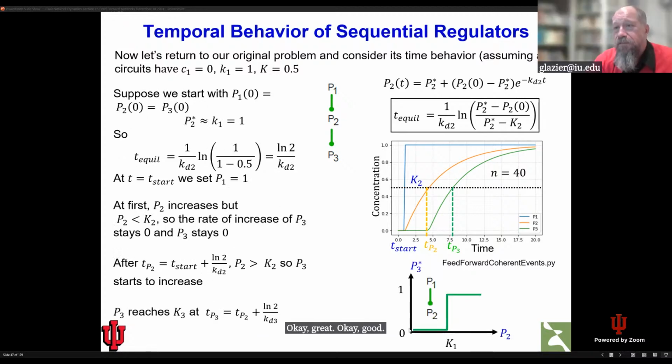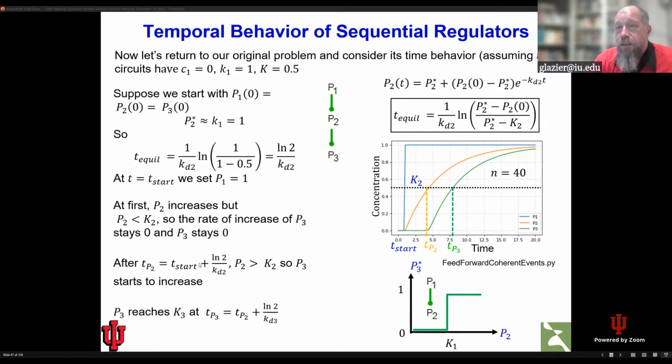So effectively now we could say that it takes this TP2 time for P2 to reach the threshold to start turning on P3.